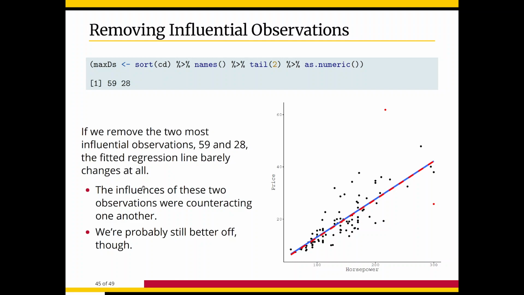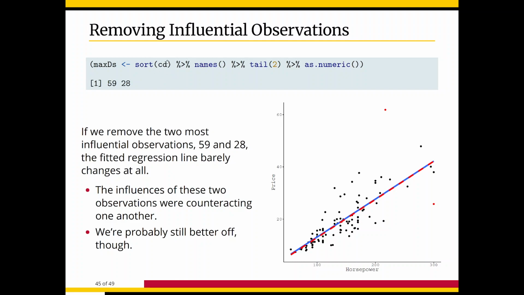So to see an even more dramatic illustration of this, let's look to see what happens if we remove the two most extreme cases. So this is still number 28, but now also number 59. And to do this, basically, we are going to do a little pipeline here.